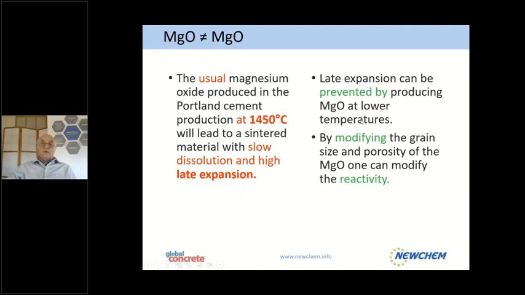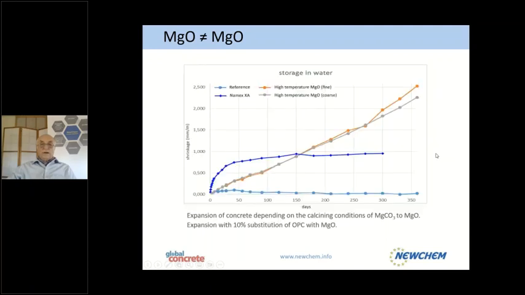If we go down with temperature, at lower temperatures, we modify the grain size and we get something like a sponge with a high surface and a higher reactivity. This is to show you the difference.